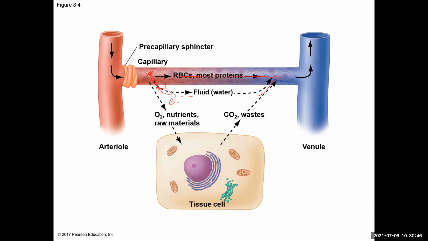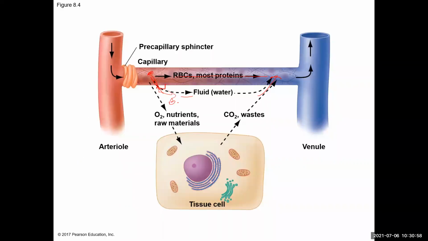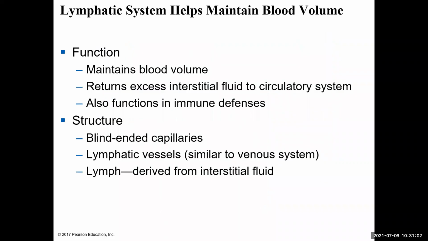And this, in combination with the lymphatic system, helps to keep that blood volume present. And so the lymphatic system, in combination with this osmotic gradient, keeps the blood at a specific volume and maintains that homeostasis.